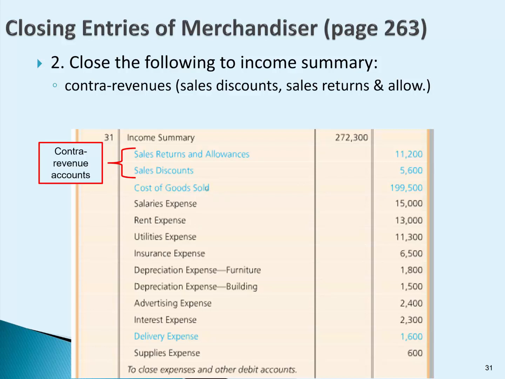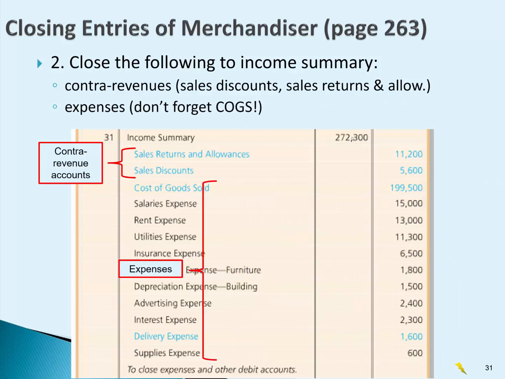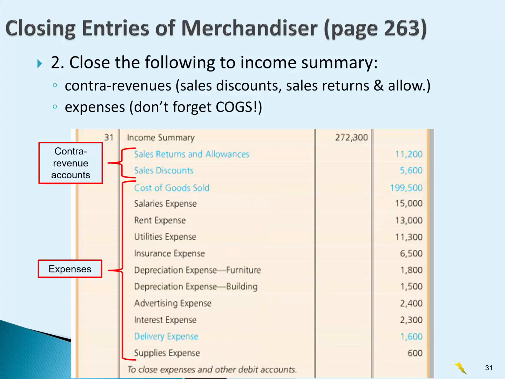So don't forget, cost of goods sold is an expense, which means it normally has a debit balance, but to close it, we would have to credit it. So once we close our contra revenues and all of our expenses, we input the other debit into income summary, which again is just a temporary account that summarizes our net income. And then here's our bracket showing all the expenses.